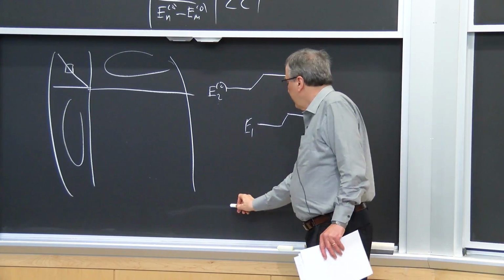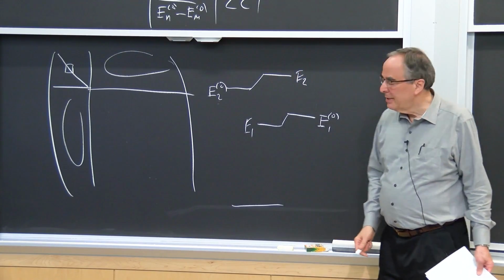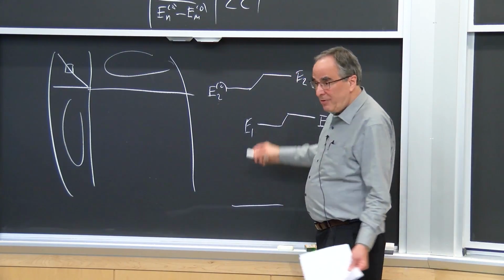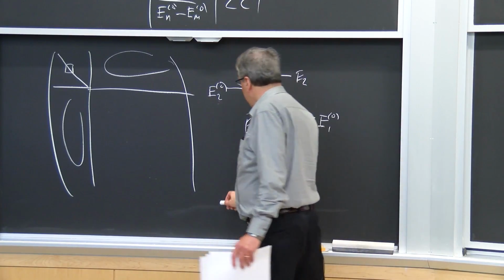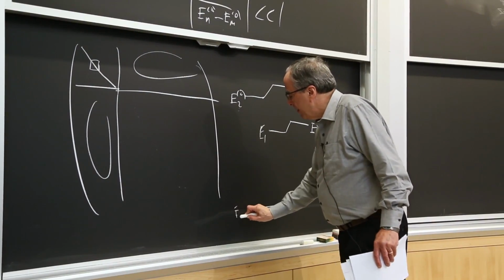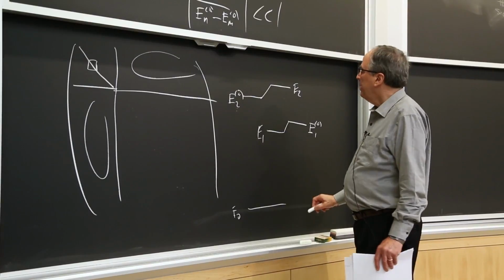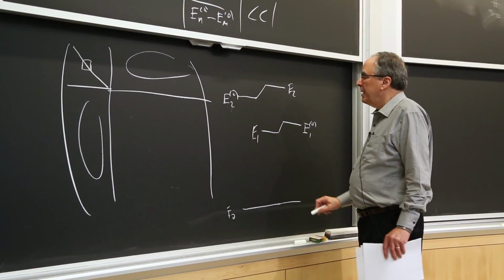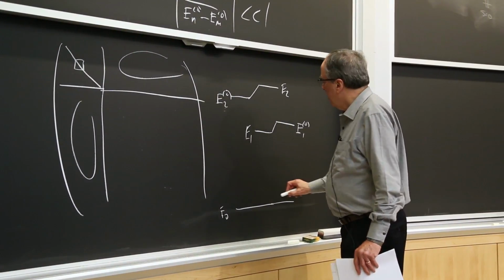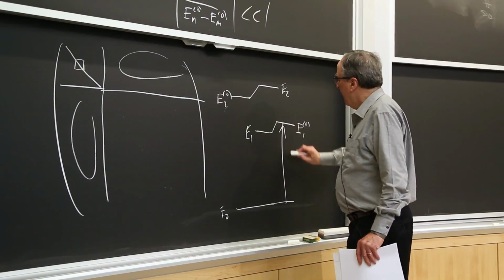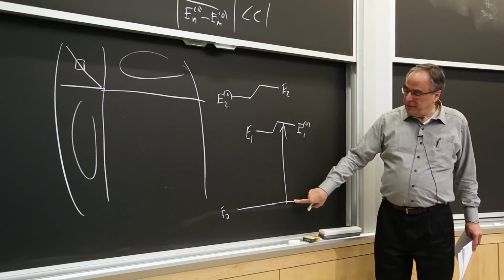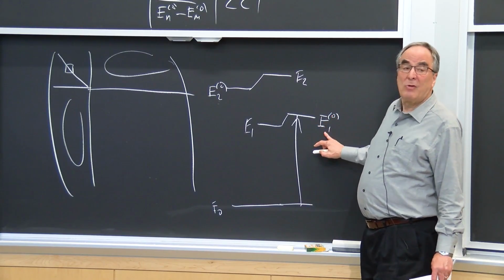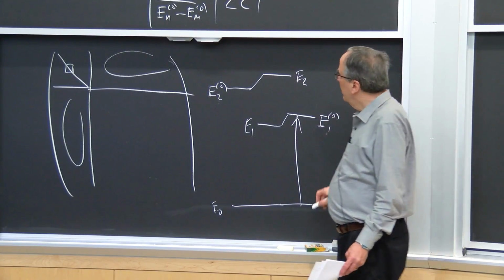Now, in spectroscopy, we always observe these levels by transitions. And so suppose we have state 0 down here. And let us say that this transition between the zero level and the zero order level 1 is allowed.